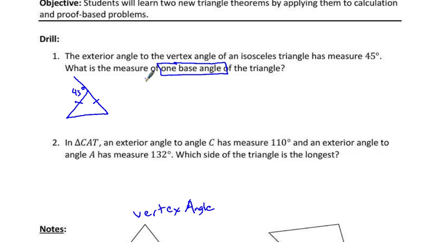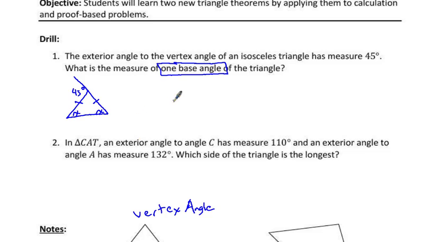And I want to know the measure of one base angle of the triangle. Well, these angles, there's something special about them. And if you don't already know, we will see a little bit later, they both are the same. So we'll set them equal to x, each of them.